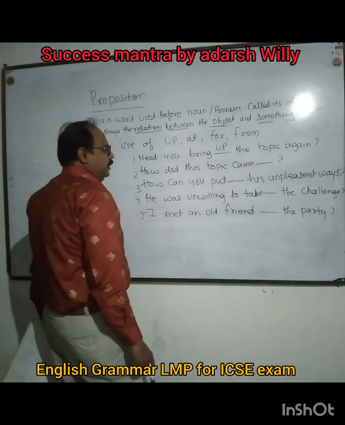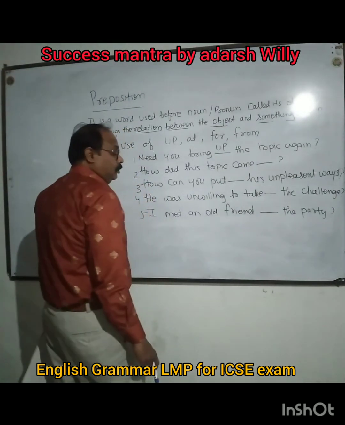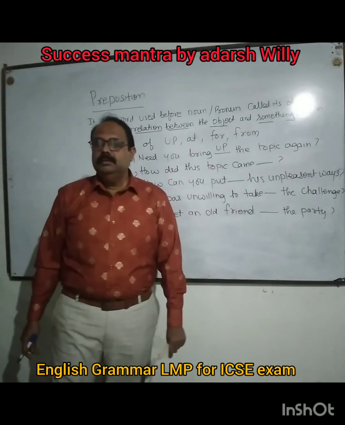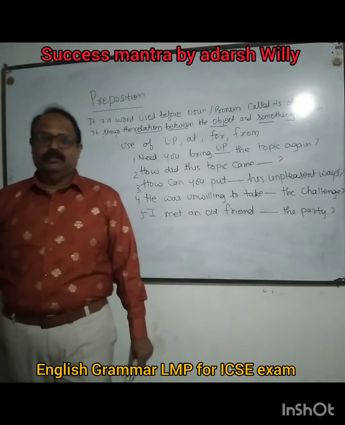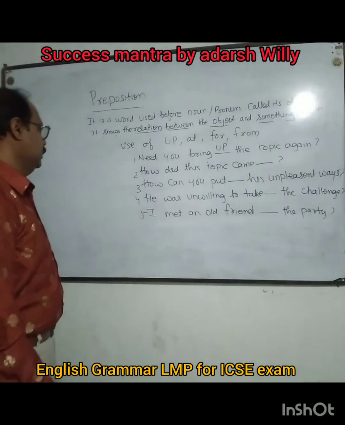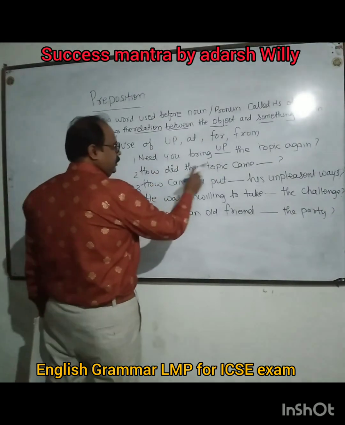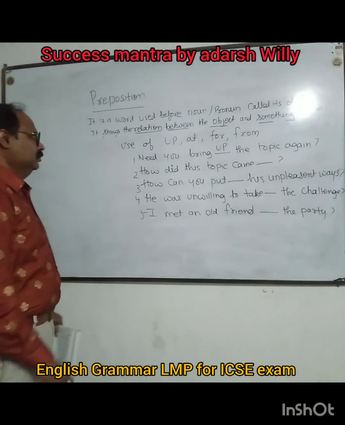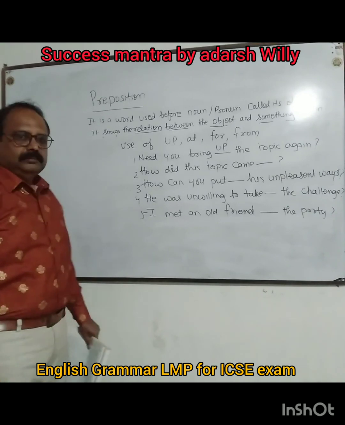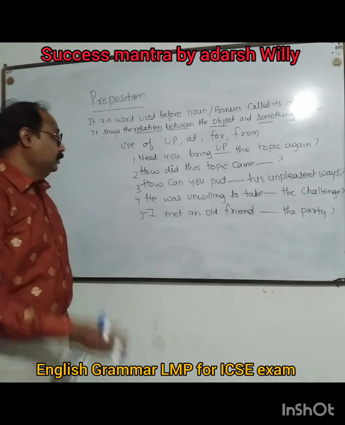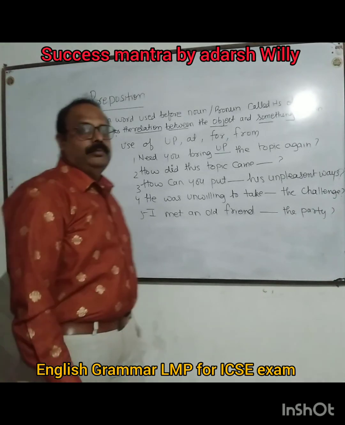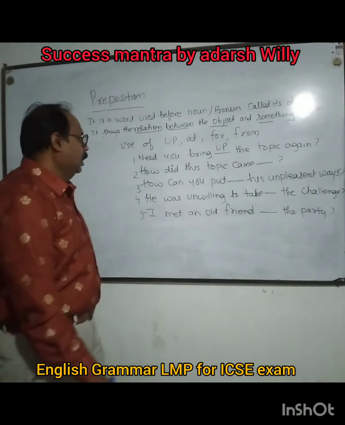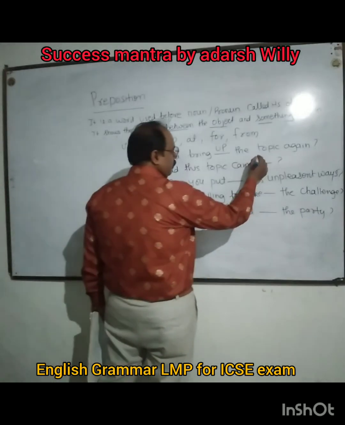Sir, came from. No, from is not the right answer. Which should be the answer of this? How did this topic came dash? Hurry up, be quick. Quickly you have to tell me the answer. So up is the right answer again.